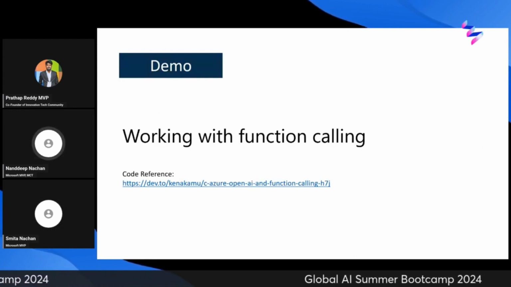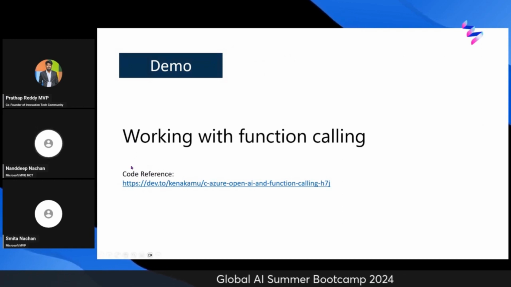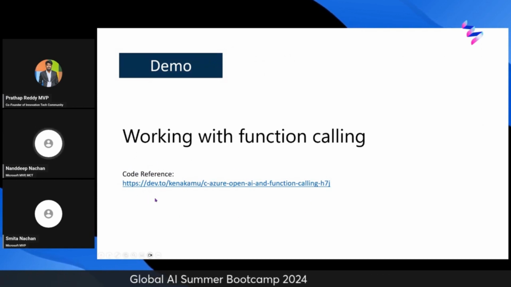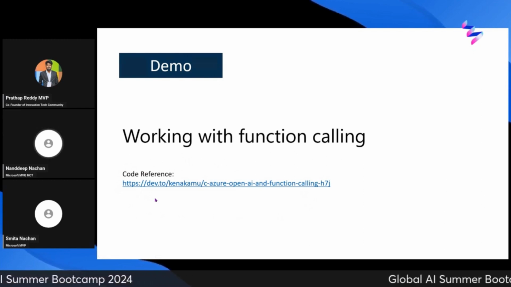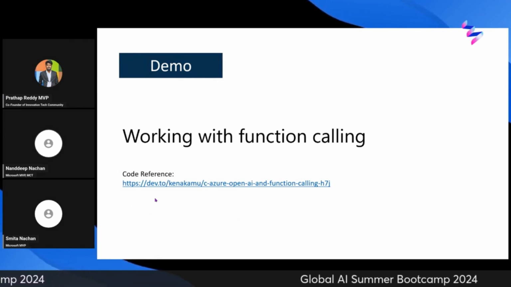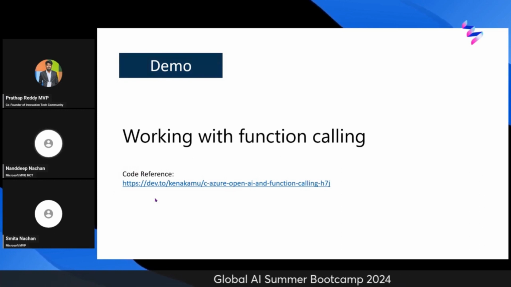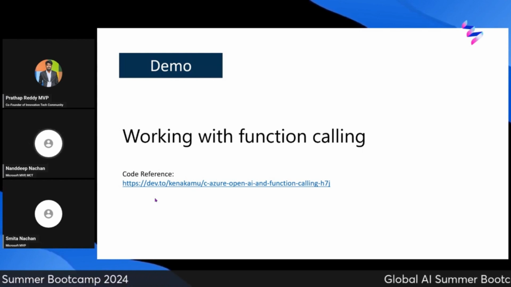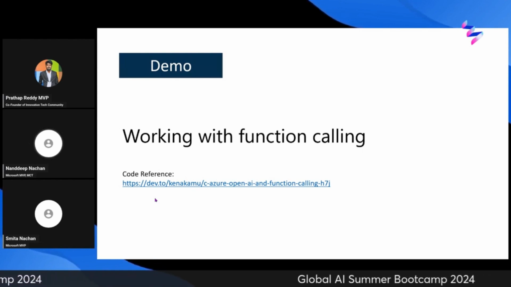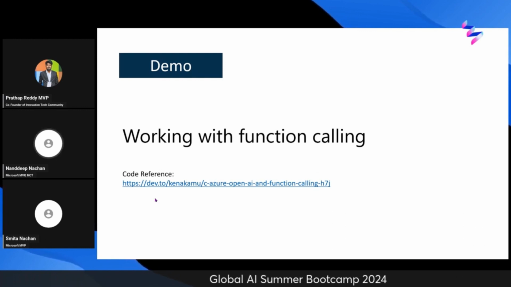All right, so this demo is influenced by the code reference that you see. Why do we need function calling? Let's say I ask an LLM or any model what the temperature is right now in Pune or maybe in Tokyo. Since it was last trained in maybe January 2022, it doesn't know the current temperature in any city.